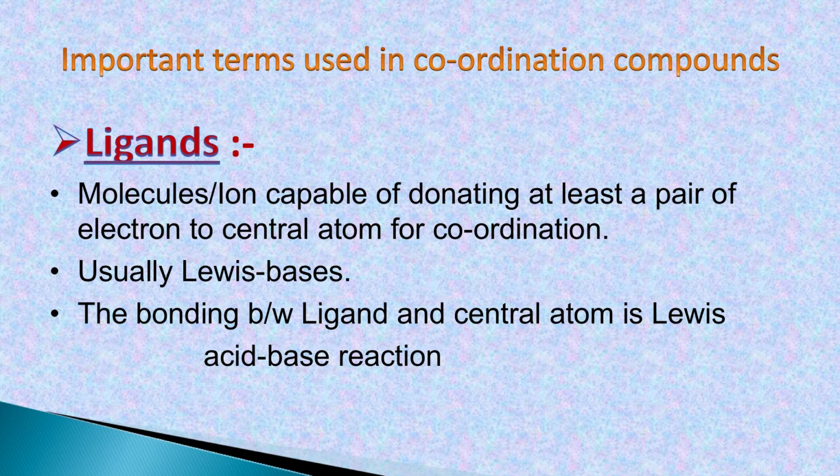So complex formation between ligand and metal is nothing but Lewis base, Lewis acid reaction के सिवा और कुछ नहीं है. So complex formation is also termed as Lewis acid base reaction. बड़ी गजब का चीज है, ठीक है.